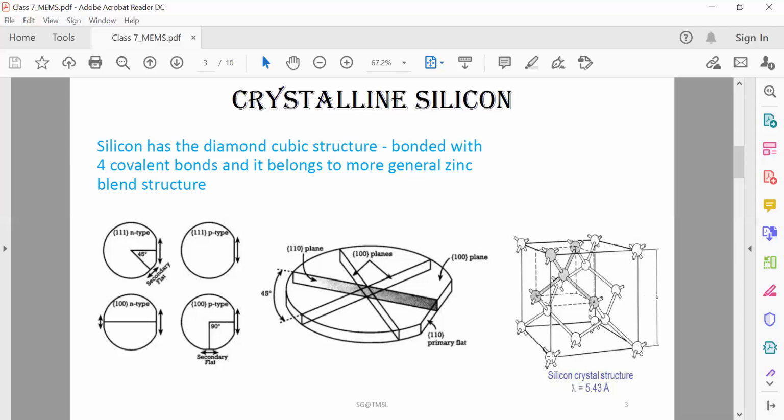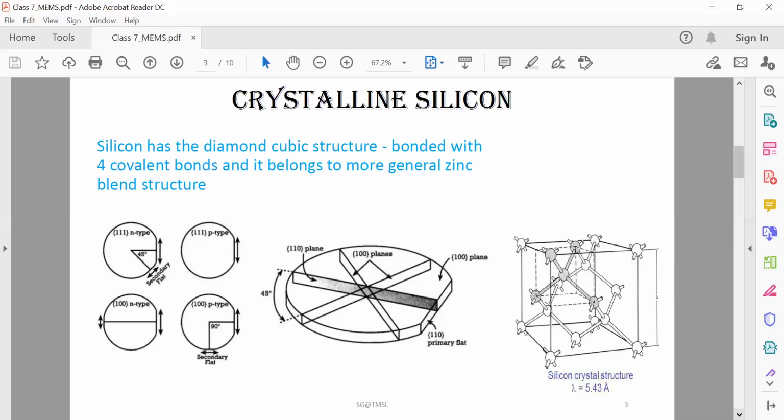So this is silicon, this is silicon, this is silicon, all these are basic atoms. And between them, one face silicon is there. This is the basic structure of crystalline silicon.